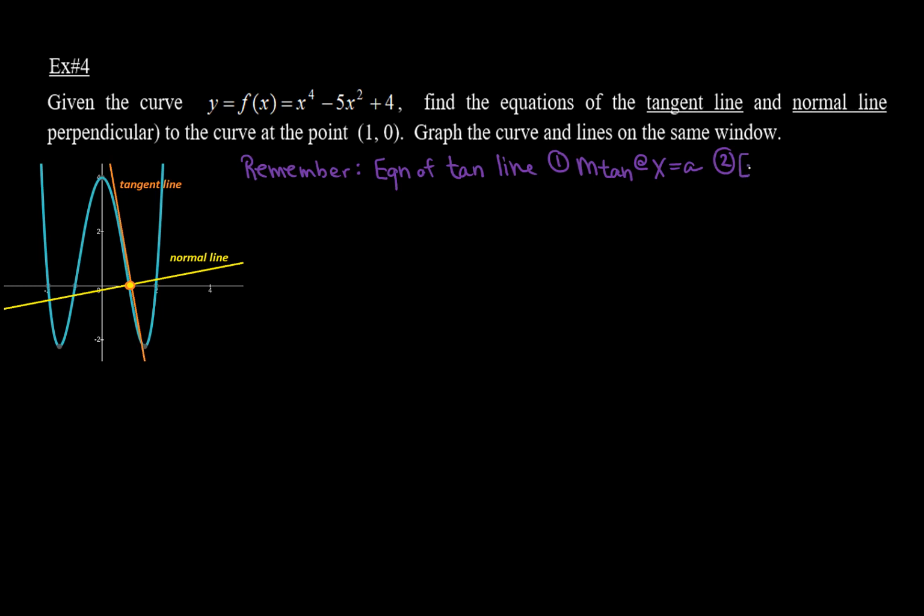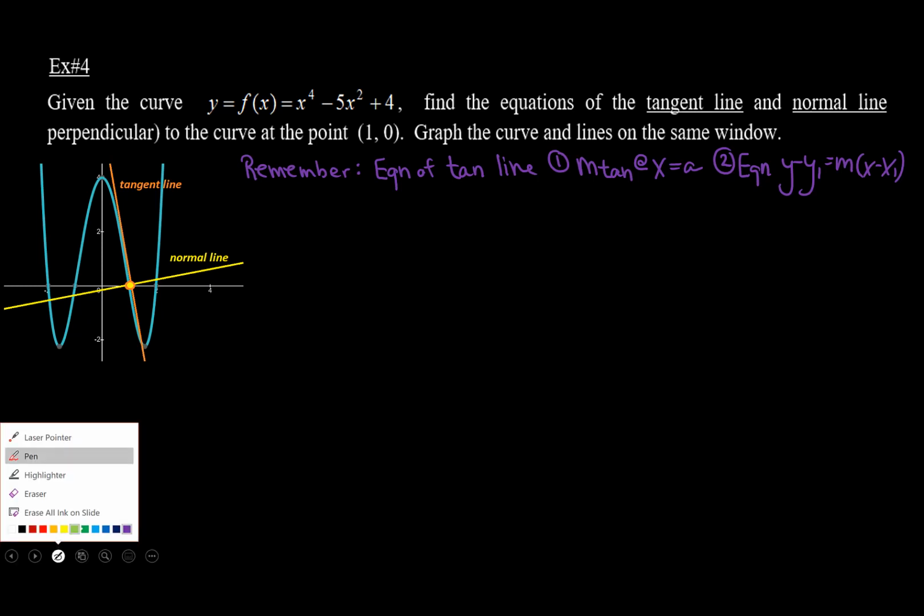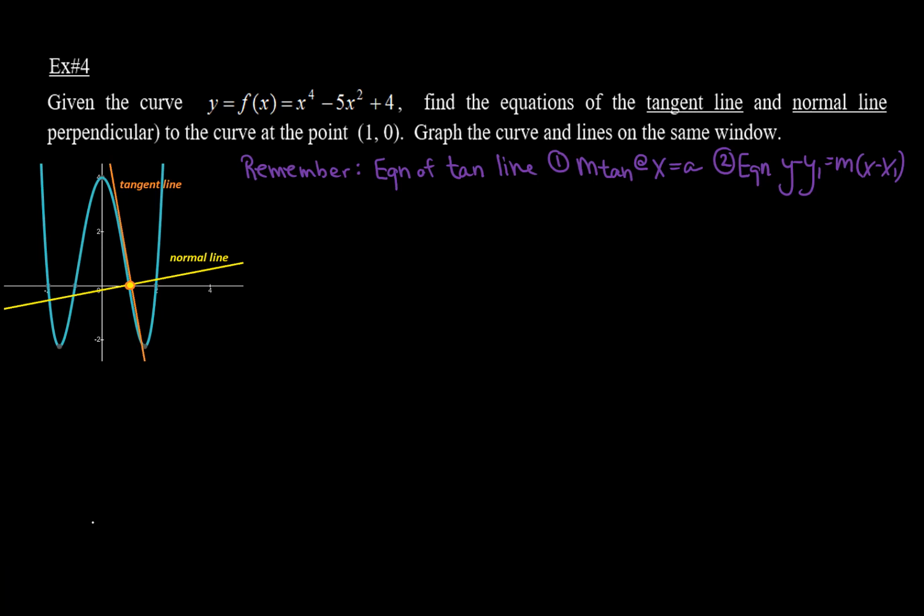Next, you need to find the equation, and that's where we use that point slope formula. Okay, and then we're actually going to do this twice because we're also doing it for the tangent and the normal. All right, so let's do the tangent first.